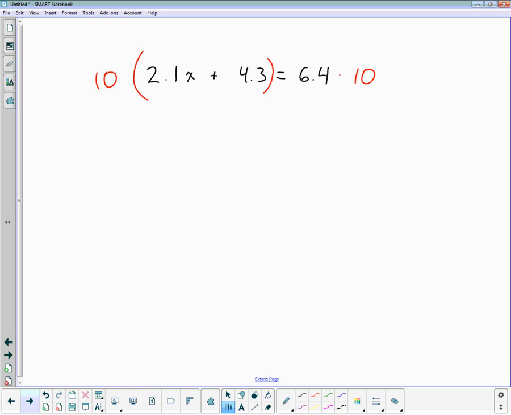All you do is move a decimal point. You write the same number down with the decimal point moved over. So 2.1 becomes 21. 4.3 becomes 43. 6.4 becomes 64. And now you move everybody around, and you divide, and then you're done. Okay?